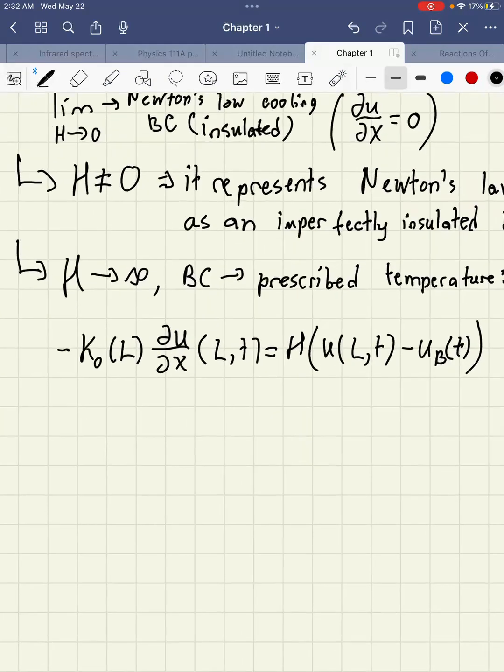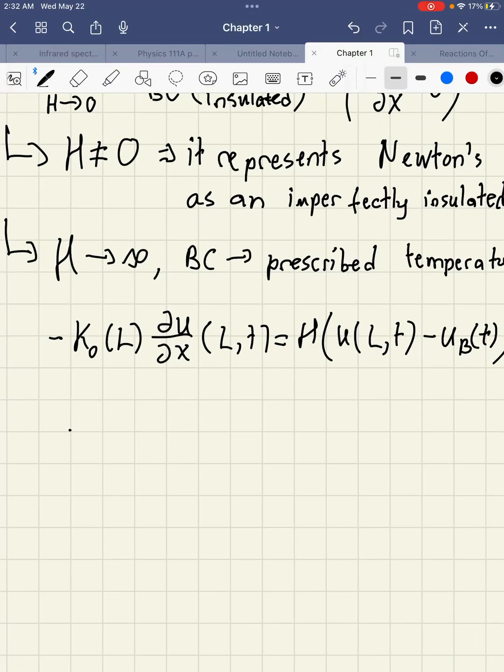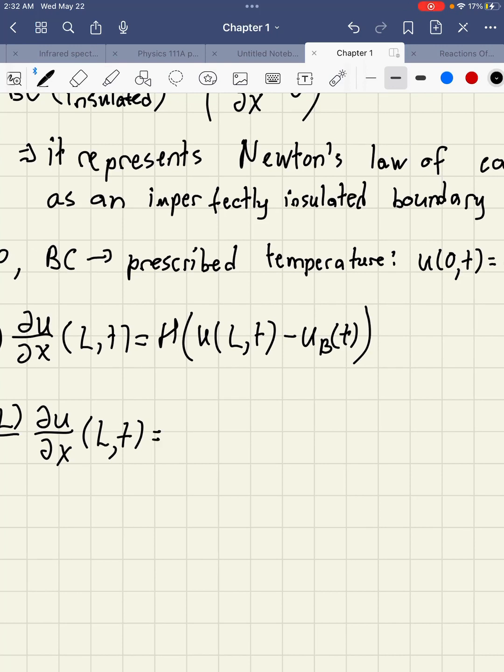Now, if I divide both sides by H, partial U partial X over H is equal to U of (L, t) minus U of bath t.